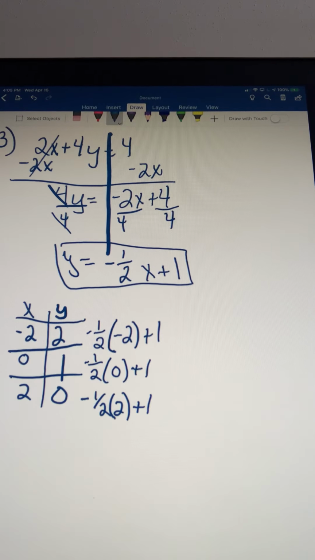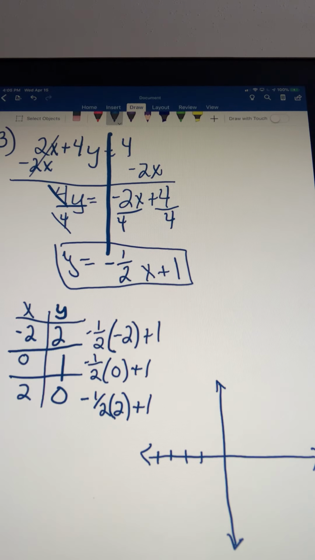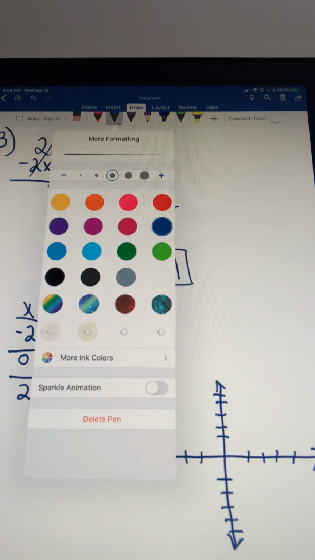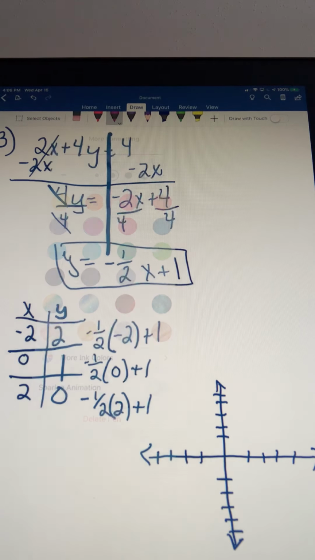Now we graph. So we're going to put our graph over here. Make your lines. Let's change the color for graphing purpose. We'll do a magenta. All right, now let's look. Negative 2, positive 2.